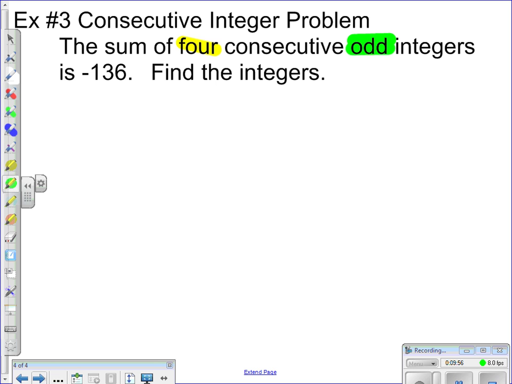Okay, first up, do I know what any of the numbers are? No. So x is the first odd number. Now, just for a moment, let's pick an odd number, like 5.